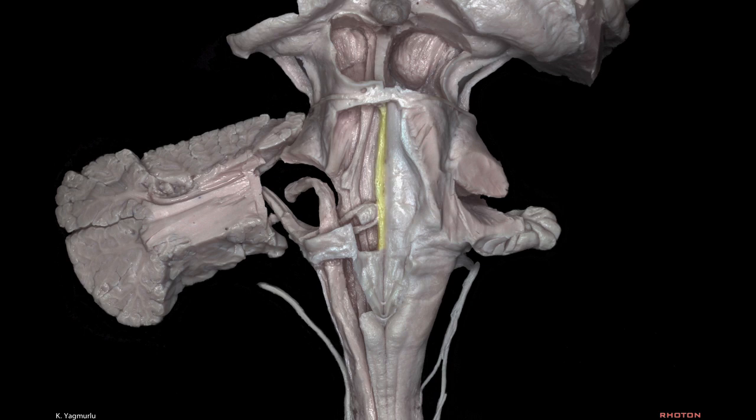The MLF travels next to the midline. The central tegmental tract is a part of the extrapyramidal system, and its damage may result in intention tremor or nystagmus. The central tegmental and trigeminal mesencephalic tracts are positioned between the superior cerebellar peduncle laterally and sulcus limitans medially.